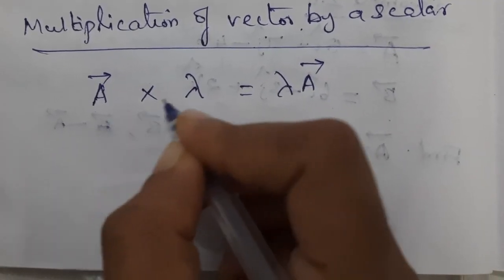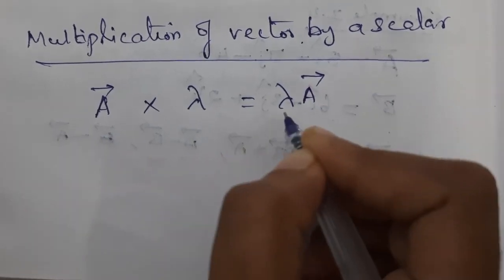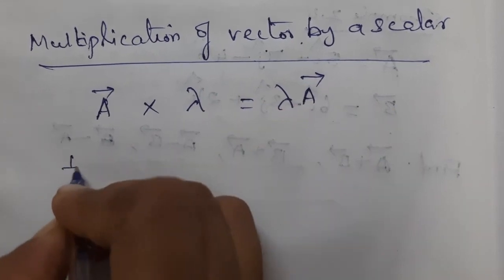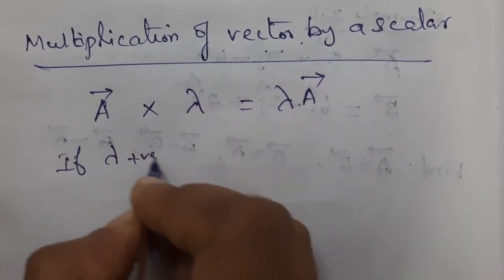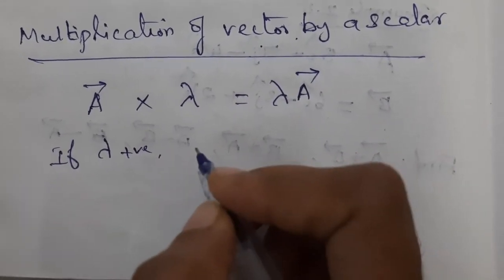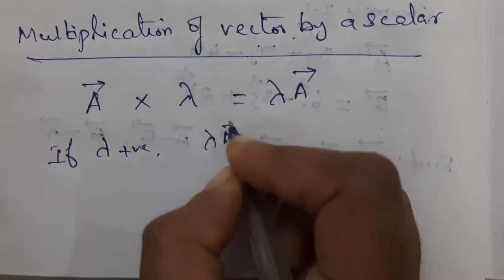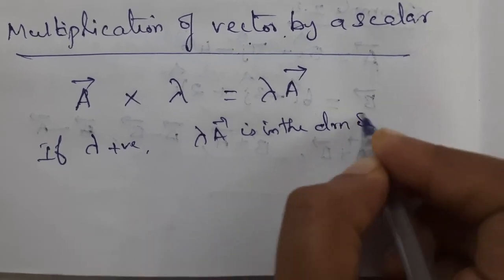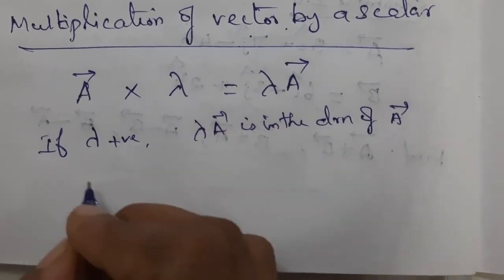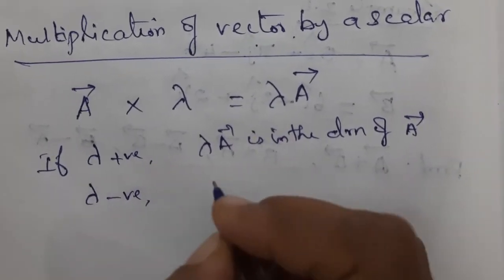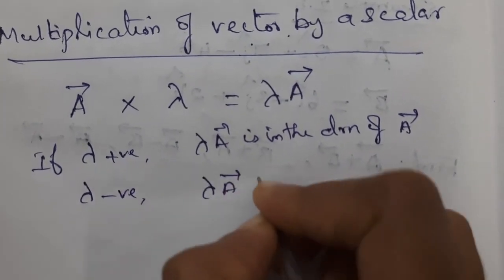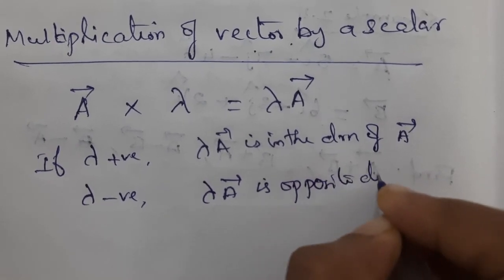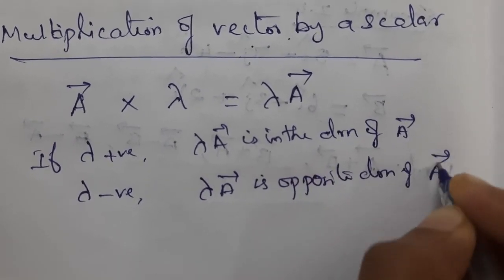If a vector is multiplied by a scalar, we will get a vector quantity. If lambda is positive, lambda A is in the direction of A vector. If lambda is negative, lambda A is in the opposite direction of A vector.